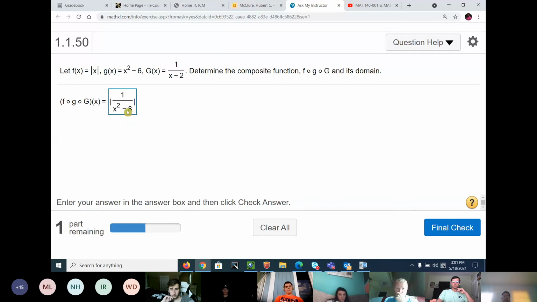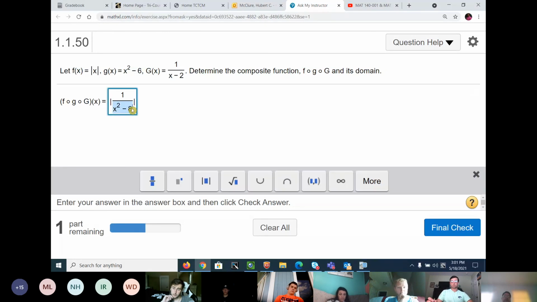Well, the only problem is I think y'all tried to combine that 6 and that 2. You can't do that because that 2 is in parentheses. So the absolute value is correct. So 1 over x minus 2. And I got to put square on that.